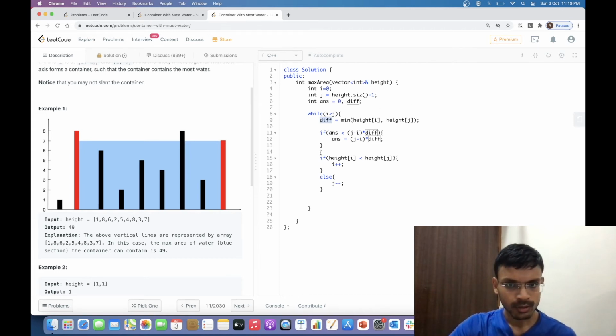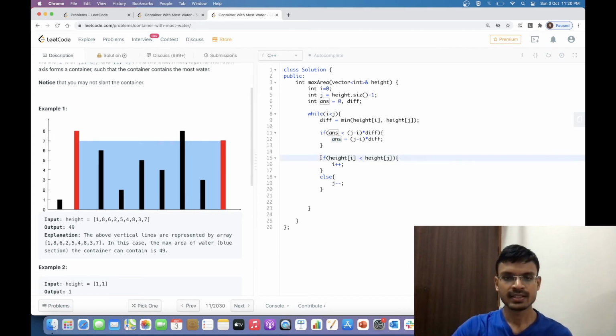Now the if condition is executed and the answer value is correspondingly updated. Now we check if the height at the ith index is less than the height at the jth index. 1 is obviously less than 7, so we increment i.